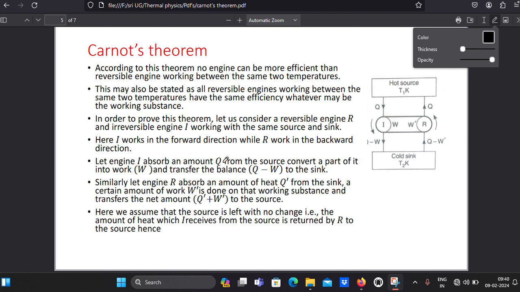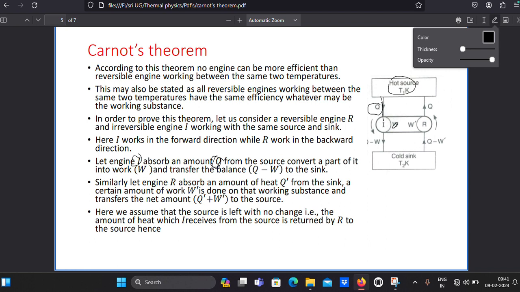Okay friends, now let engine I absorb an amount of heat Q from the source and convert a part of it into work.